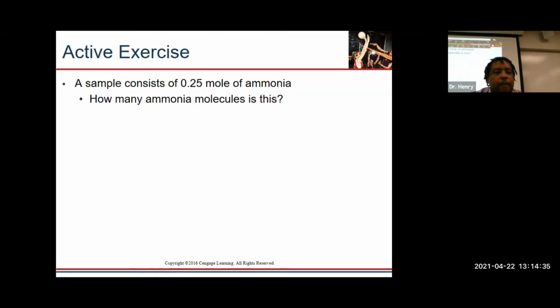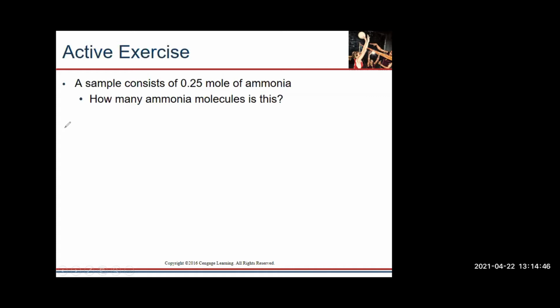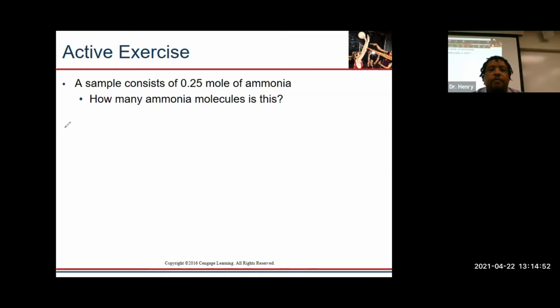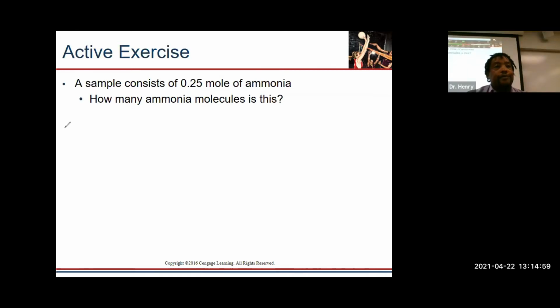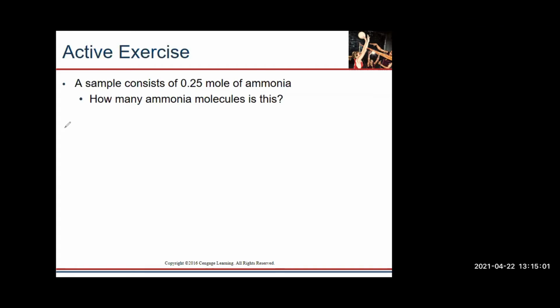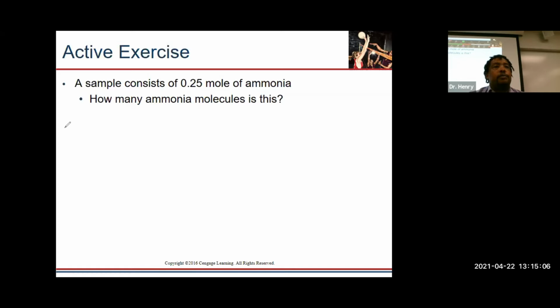So how would I set this up? We're trying to figure out how to cancel out the mole of ammonia. We want to figure out how many molecules of ammonia are in a mole. So what would I start off with? Avogadro's number, or what's given to me?